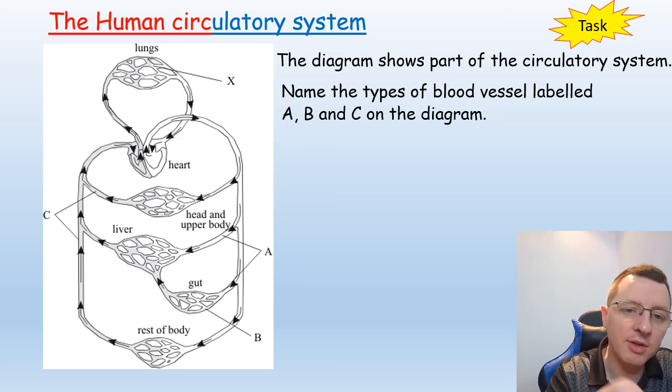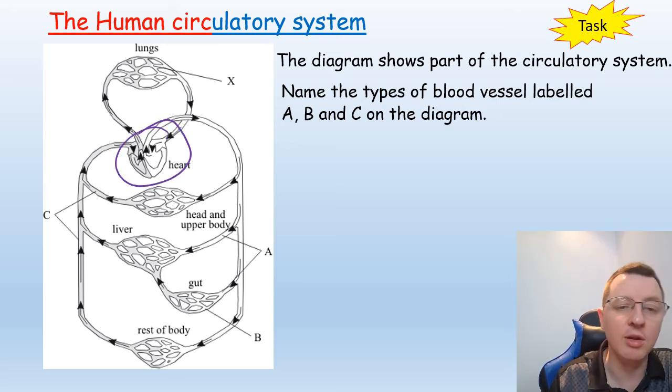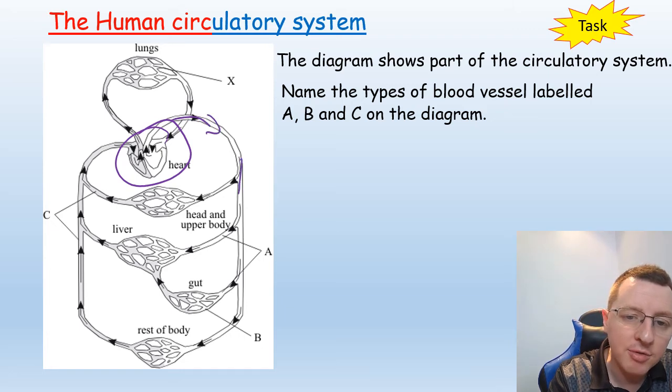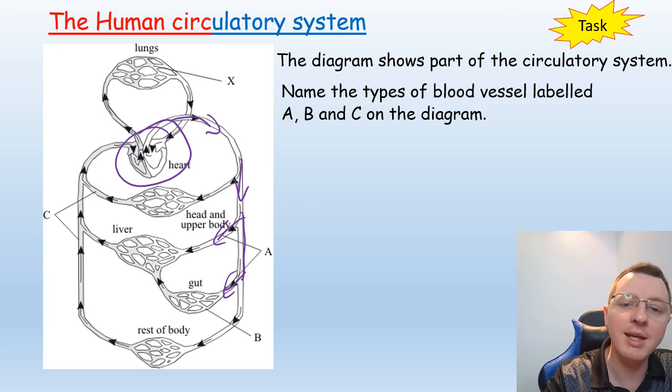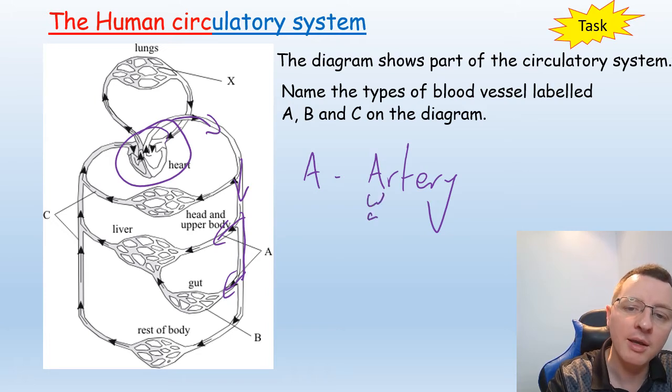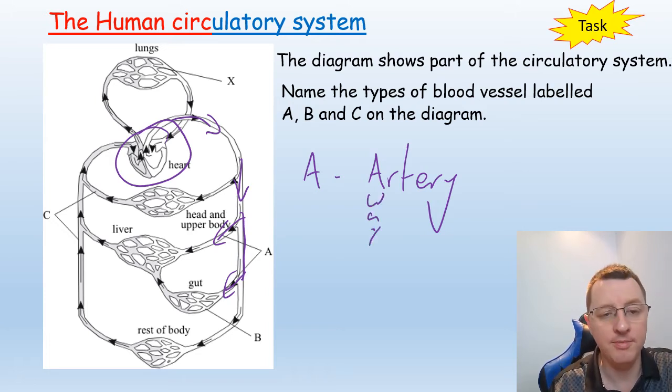Well, the key to this is to identify the heart here and look for the arrows. The arrows here are flowing away from the heart, so as we get down towards blood vessels, A must be an artery because the blood is going away from the heart.